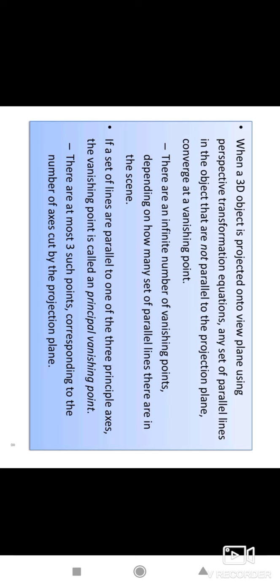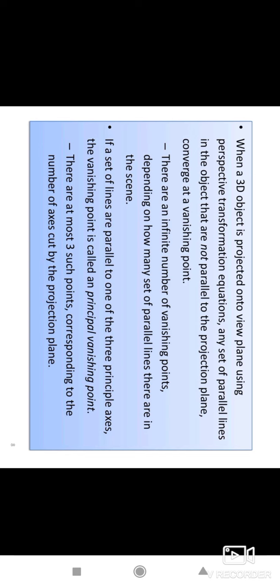When a 3D object is projected onto a view plane using perspective transformation equations, any set of parallel lines in the object that are not parallel to the projection plane converge at a vanishing point.